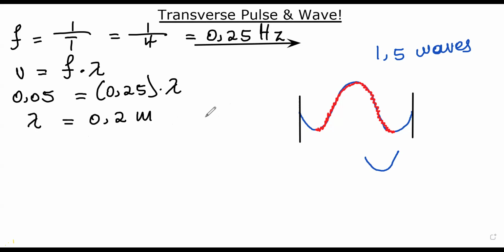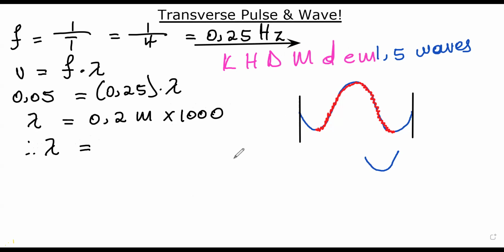But then we need to convert it to millimeters, all right? Well, we convert it to millimeters by multiplying with 1,000. Why do we multiply by 1,000? Well, from meter all the way to millimeter, the distance is 1,000.